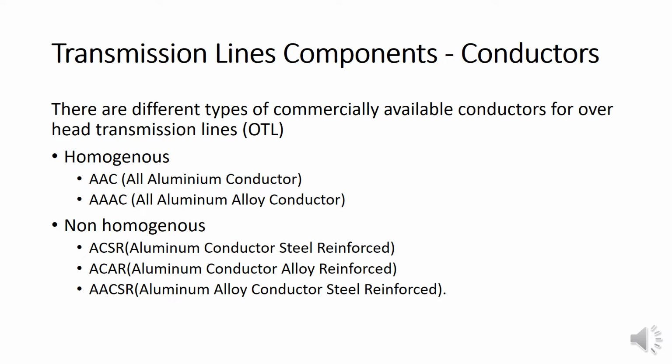So there should be some arrangement in order to hold the transmission line. Therefore there will be steel strands, that means a steel core, inside of the conductor. As an example, in ACSR, aluminum conductor steel reinforced, using that steel reinforcement, it can withstand high tensions.